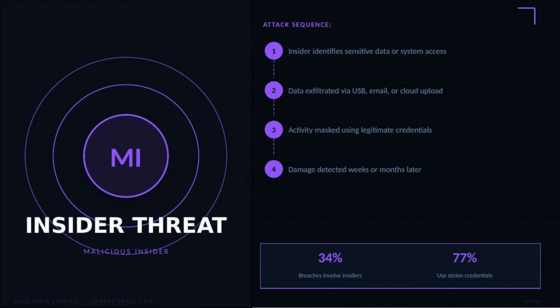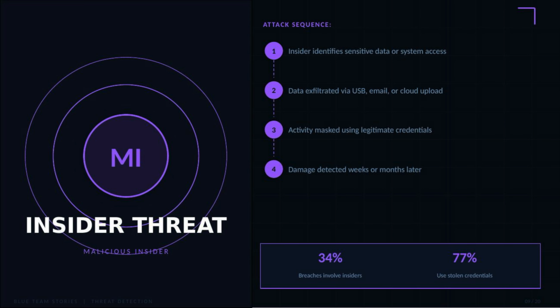In other situations, employees may accidentally expose sensitive information through negligence or poor security practices. Threat detection systems monitor unusual access patterns, excessive file transfers, unauthorized downloads, and abnormal user behavior to identify insider threats before serious damage occurs.